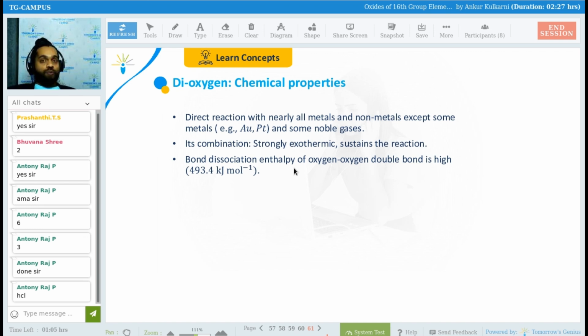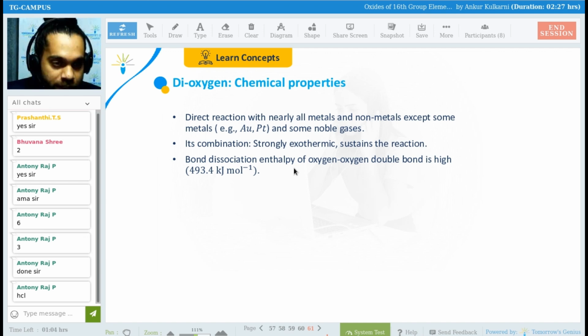The solubility of oxygen in water at room temperature, is it high or low?